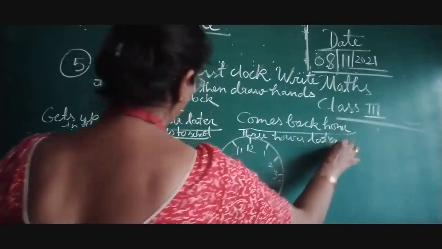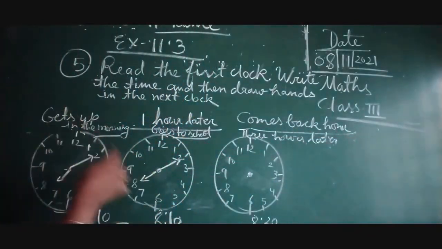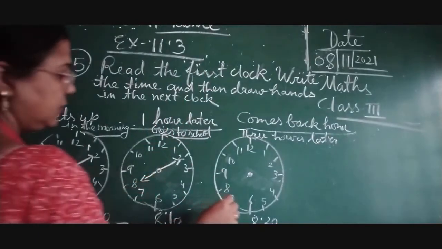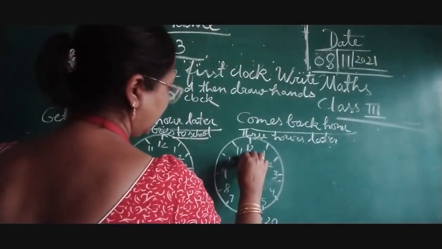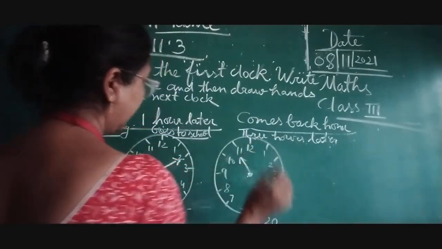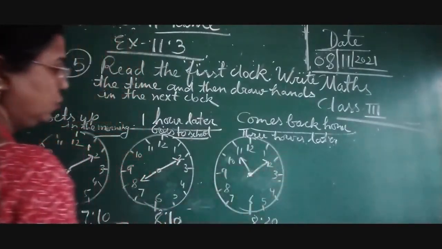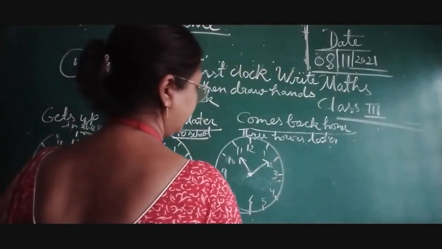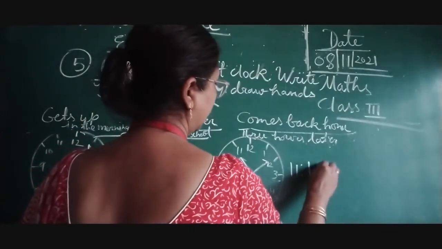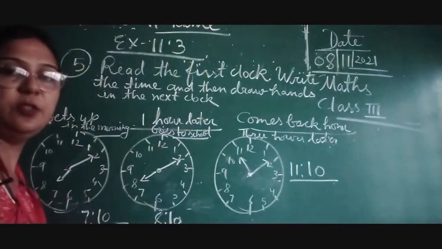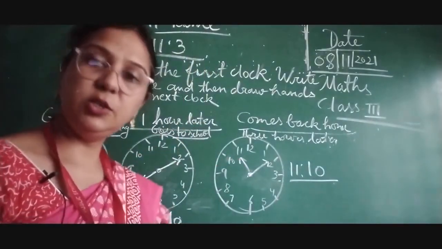Okay. So because here it is 8, so 9, 10, 11. So we will draw over here 11, the shorter hand, and here the bigger hand at 2. So this is 11:10. 3 hours later, that is 11:10.